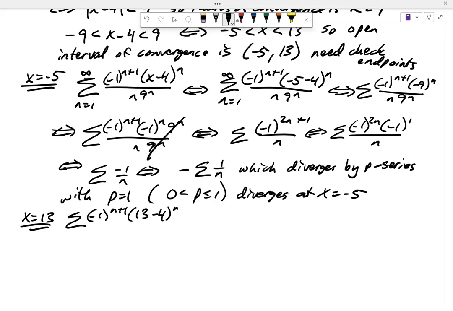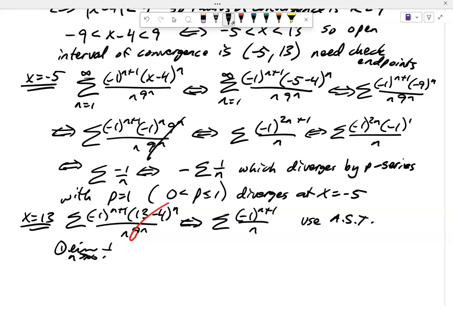Now let's do it for 13. 13 minus 4 to the n. So the 9 to the n's cancel there. So we've got -1 to the n plus 1, all over n. So we can go ahead and use the alternating series test.